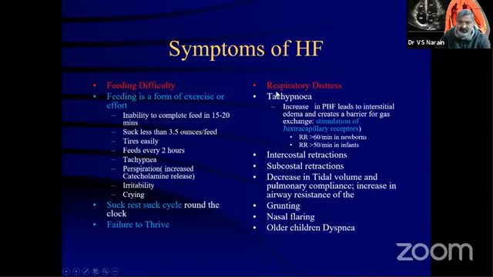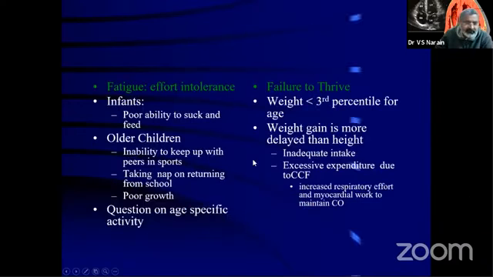Basically, infants and newborns will present with tachypnea, and the older ones will present with dyspnea. And tachypnea is when you have more than 60 per minute in newborns and more than 50 in infants. There will be intercostal retractions, subcostal retractions, and there will be grunting and nasal flaring.